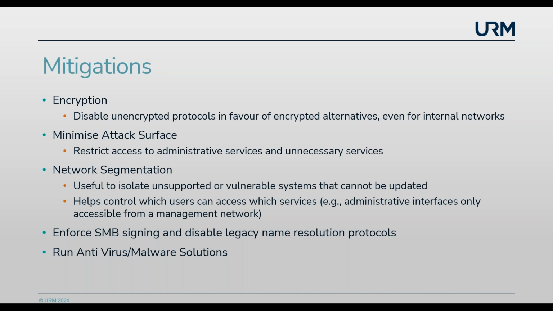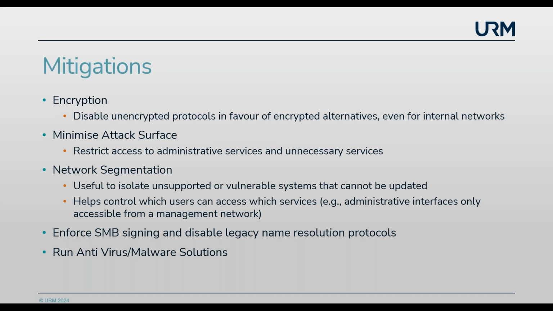Yeah. So other general mitigations that we can recommend is obviously encryption, both on the devices themselves, but also on the communication. So in 2024, you should be able to disable any unencrypted protocols that you use for communication, because there is always an encrypted alternative, even for internal networks.